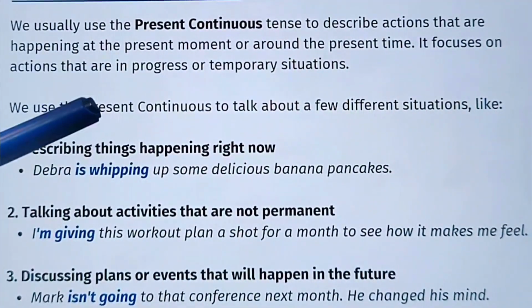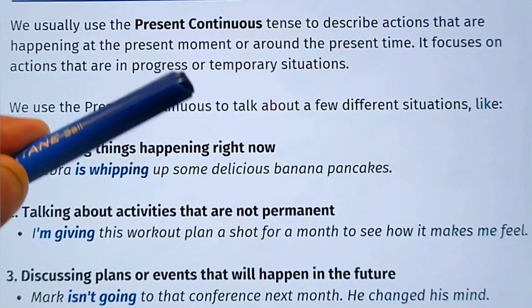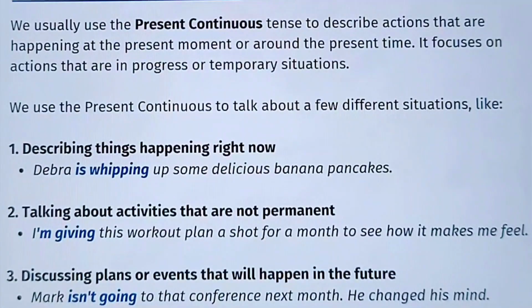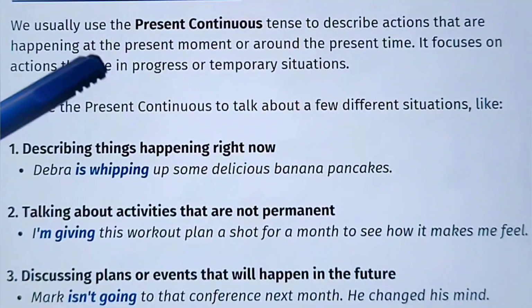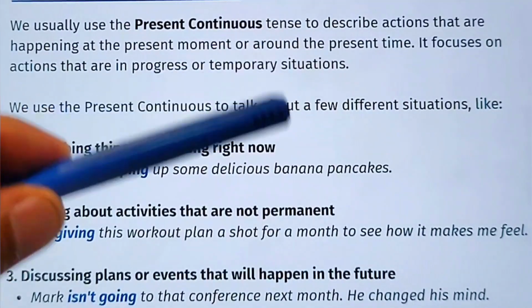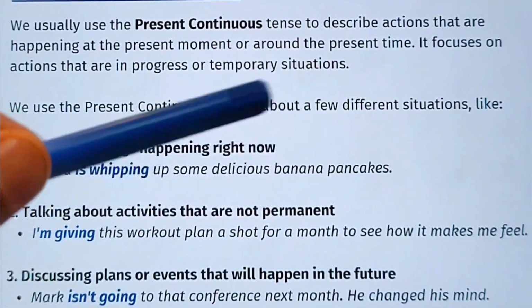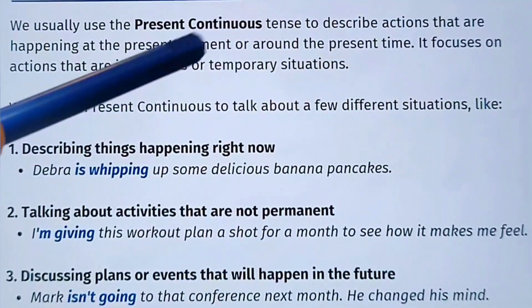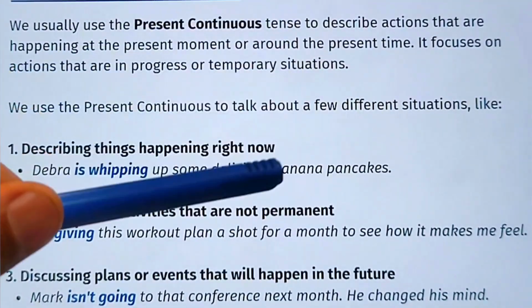We usually use the present continuous tense to describe actions that are happening at the present moment or around the present time. It focuses on actions that are in progress or temporary situations.